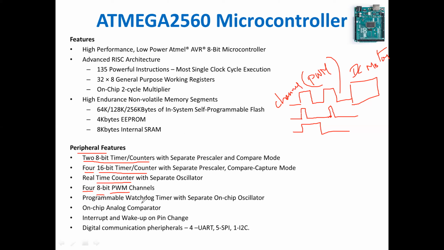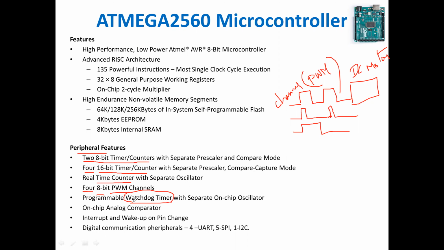And we additionally have a watchdog timer. If certain conditions occur in your PC, the PC will automatically restart. That is the importance of the watchdog timer. You should program the constraints.